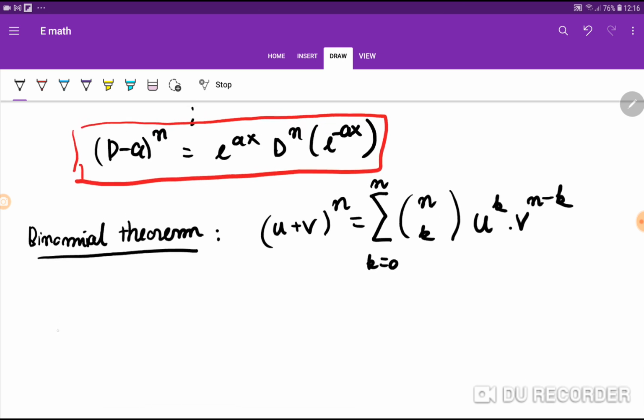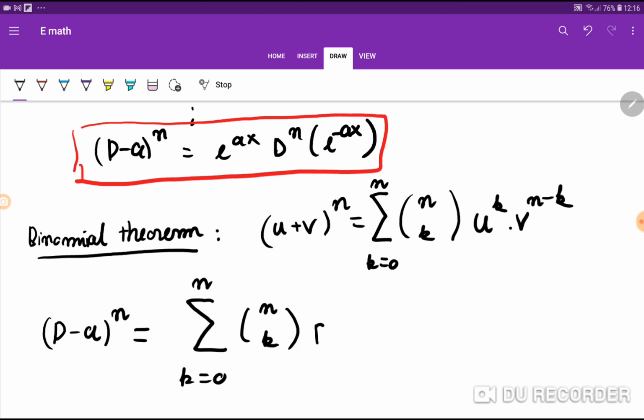So now if we have (D - a)^n, it means the summation from k equals 0 to n of n choose k, D to the power of k times negative a (be careful, negative a) to the power of n minus k.